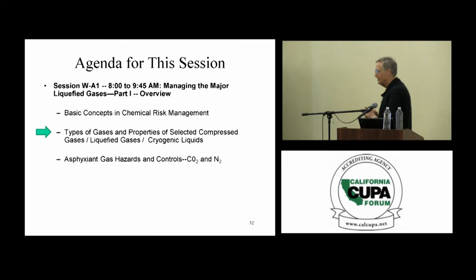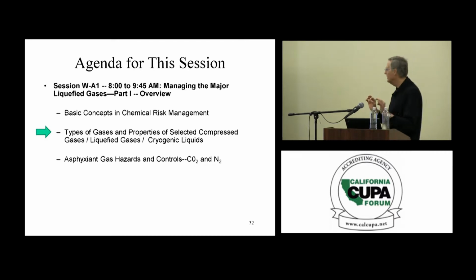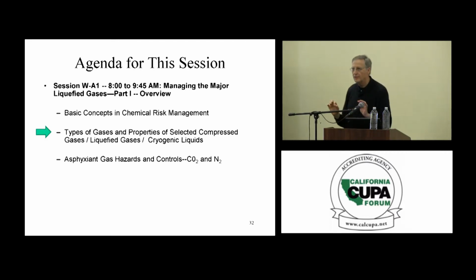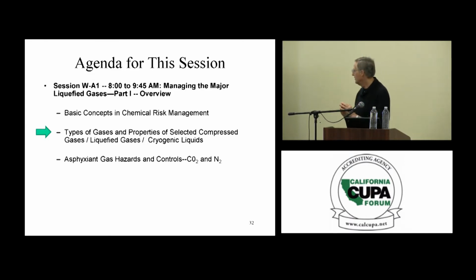We'll go through that. It's a little different in terms of temperature. In most cases, when I'm asked that question, it is a liquefied gas that is at below minus 150 degrees centigrade. In California, it's below minus 90 degrees centigrade. So it's a little different.